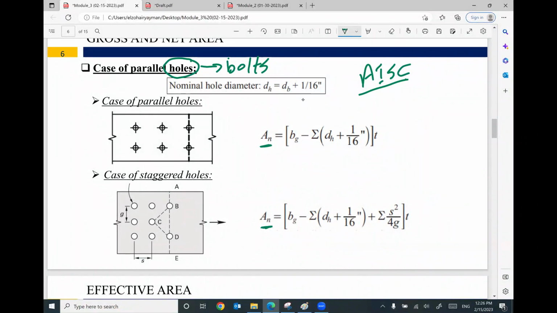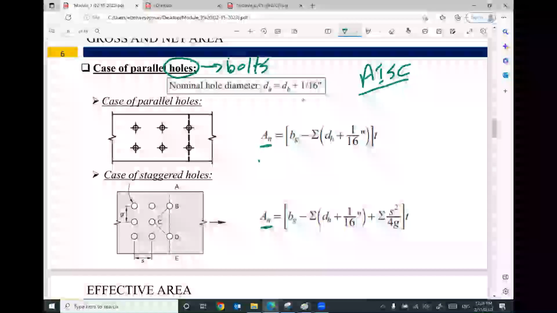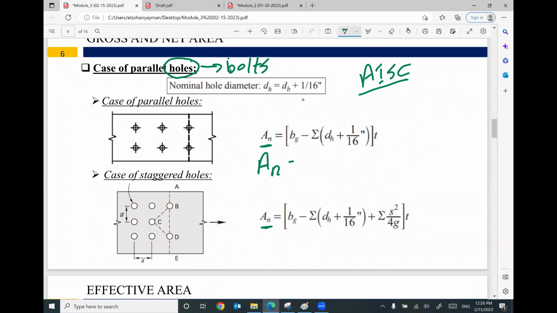So I will write this equation: area gross minus summation (d hole plus 1/16 inch) times t. I would like to write our equation like this.